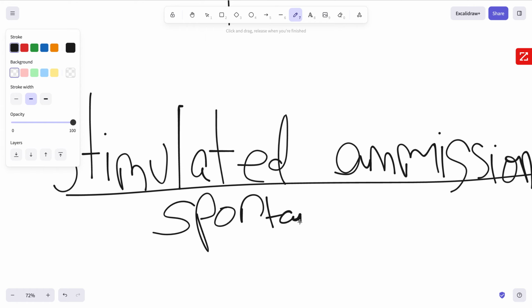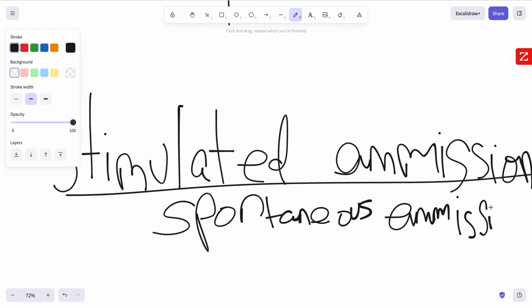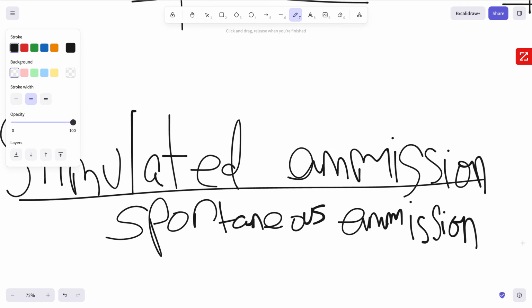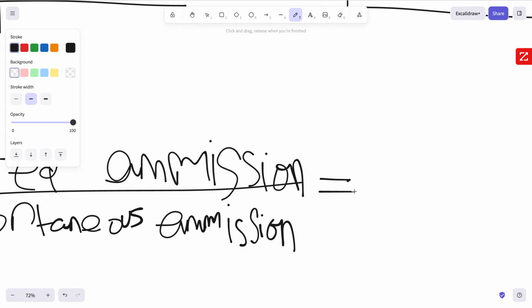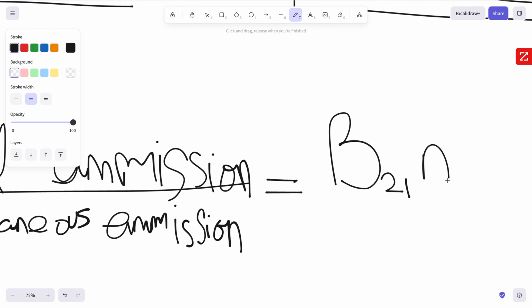We want to minimize spontaneous emission and maximize stimulated emission. Now, how do we do that? We look at the equations that have been derived to express this, and I'll write them out and then explain what they mean.